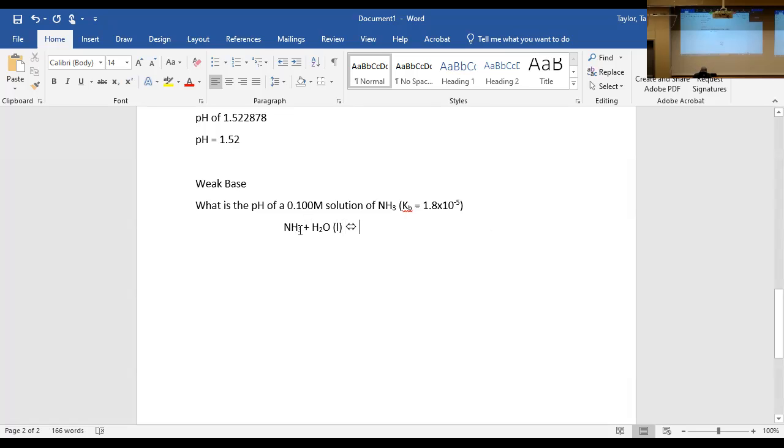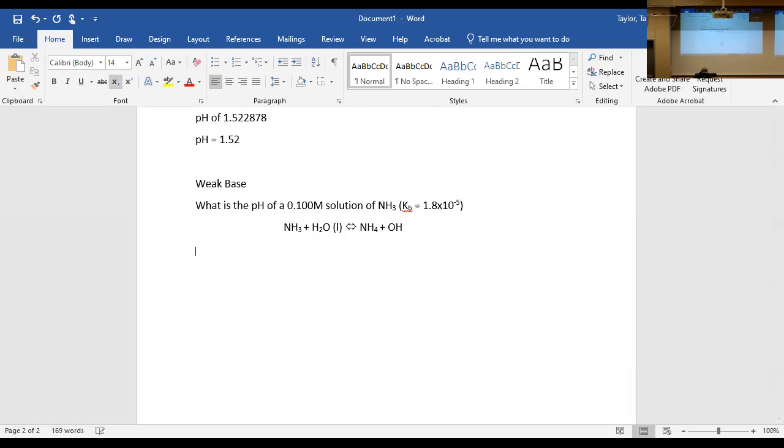The ammonia is dissolving in the water, so it's considered the solvent in this equation, and that means it'll drop out in the Kb equation. And then that's becoming NH4 plus OH.